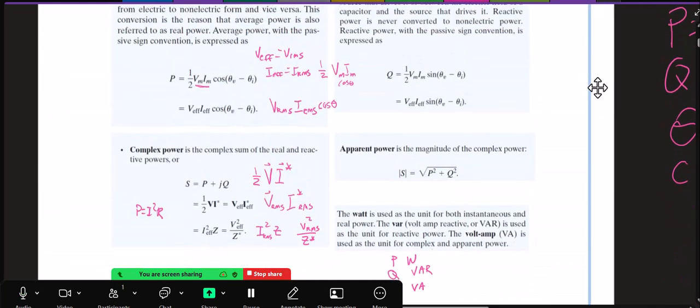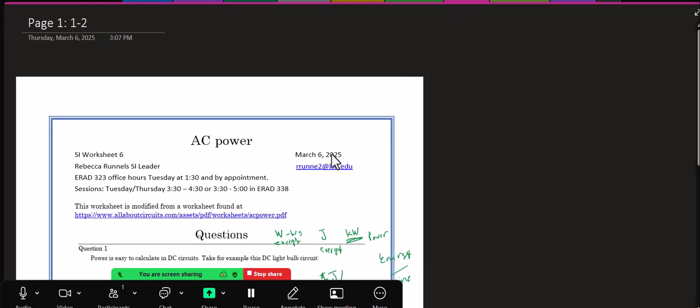So you also have that P equals VRMS squared over R, but I think I gave it to you the other day. Q equals VRMS squared over X. Let's see, did I give you that?